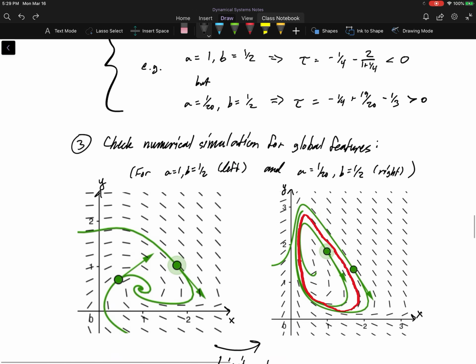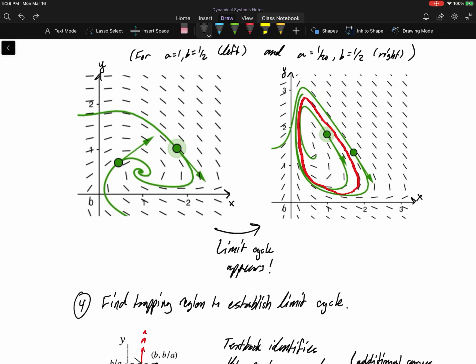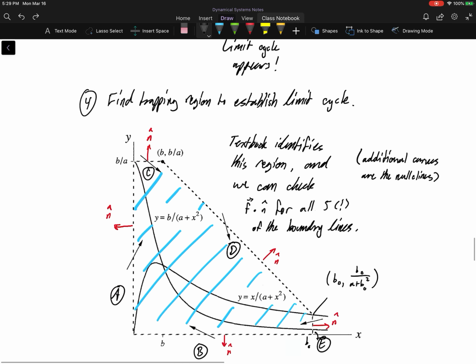We change from a stable fixed point to an unstable fixed point, and as a result, we can actually spawn a limit cycle from that location. This is not the only way that we can get limit cycles to occur, but it is definitely a nice prototype, and this is essentially how the Hopf bifurcation works. So congratulations, you have now seen a practical example of a supercritical Hopf bifurcation, or a limit cycle spawning.